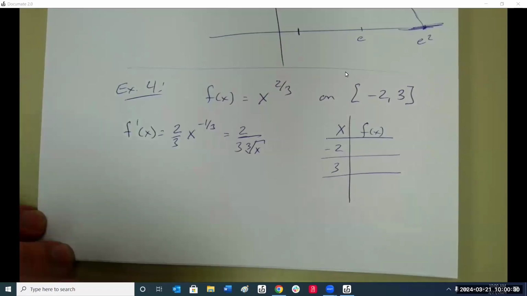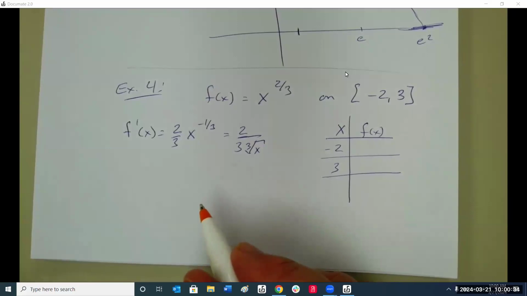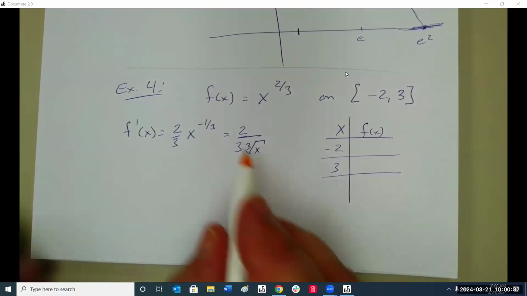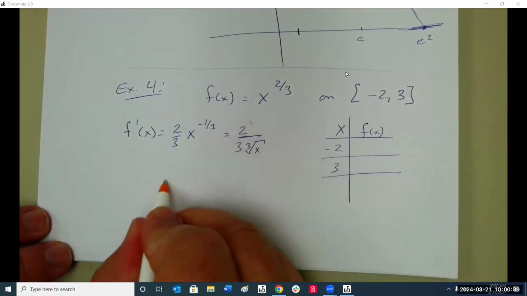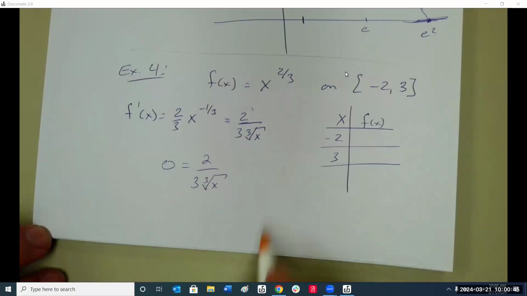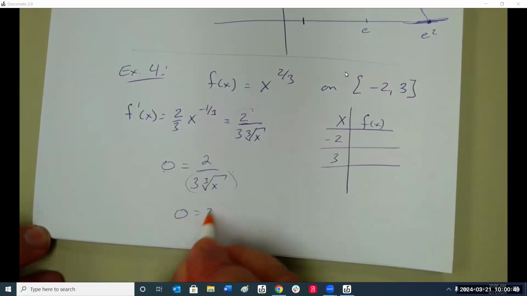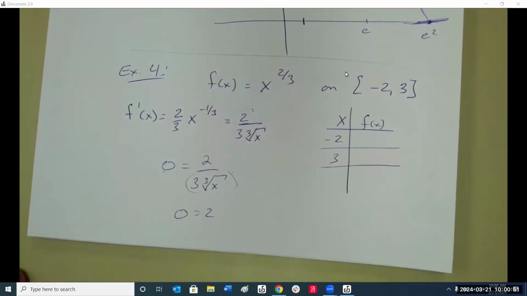It's a fraction. What's the only way a fraction can equal 0? If the top is 0. If we set this equal to 0 and multiply both sides by the denominator, it becomes 0. So there are no critical points.